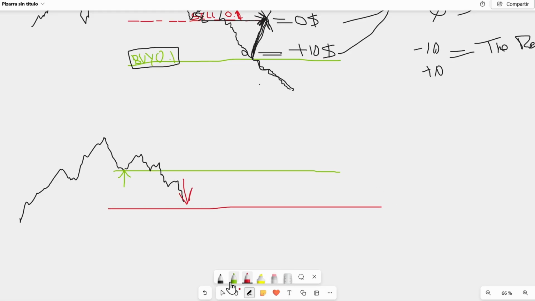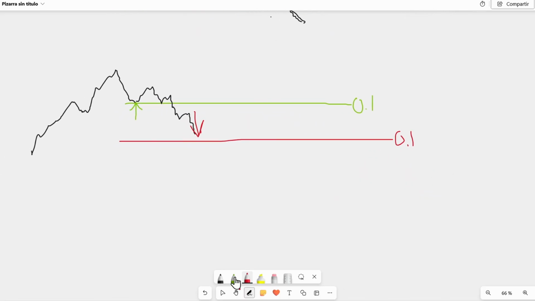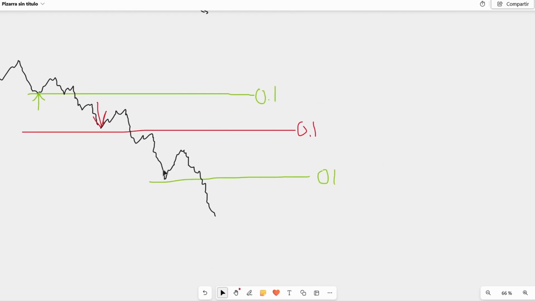So you have 0.1 over here and 0.1 over here. Now I'm going to show you the worst scenario. Price goes down again, and you make a new buy over here of 0.1. The worst scenario is to keep moving down, because you're now losing on two buys.